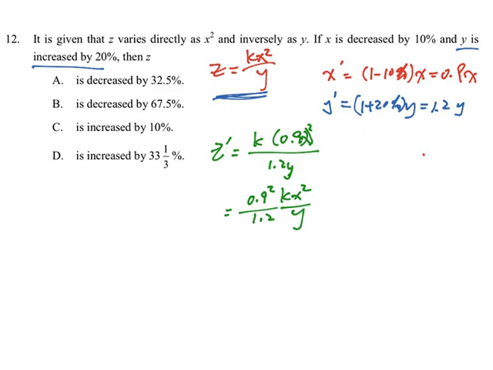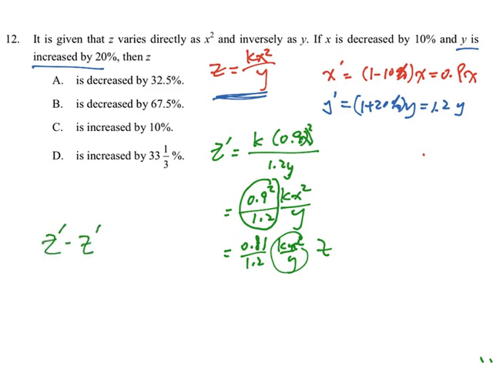So that means 0.9 squared k x squared, and then over 1.2 y. So for this one, it is 0.81 over 1.2 k x squared over y. So for percentage change, this is z. So percentage change is the new z minus z over z times 100%.